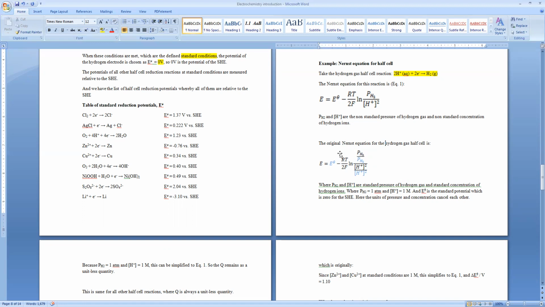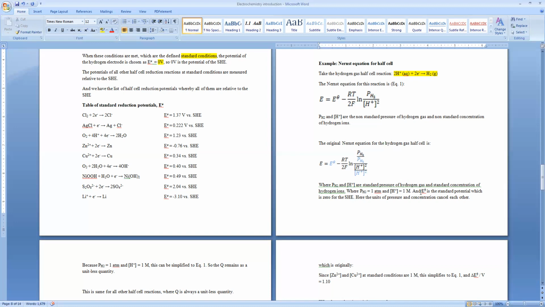The black pressure of hydrogen refers to the non-standard condition. The blue one is 1 atm and refers to the standard condition. Same thing for the hydrogen ion: the black one refers to the non-standard condition, whereas the blue hydrogen ion concentration is 1 molar and refers to the standard condition. So the standard pressure of hydrogen gas is 1 atmosphere and the standard hydrogen ion concentration is 1 molar.